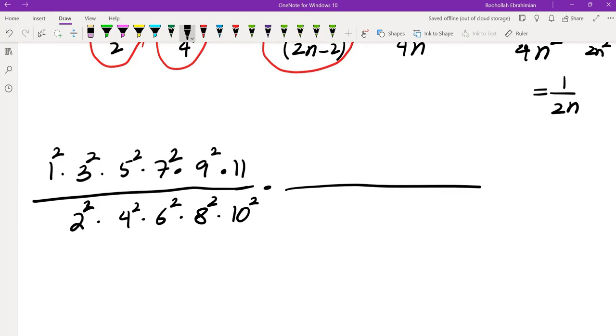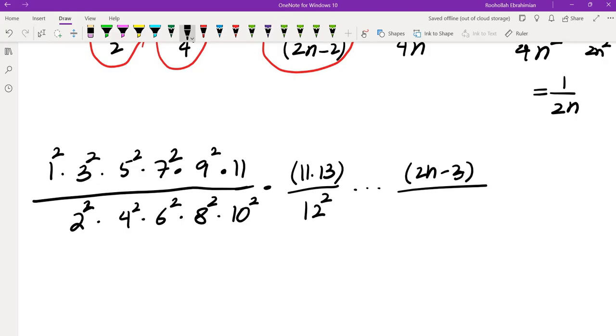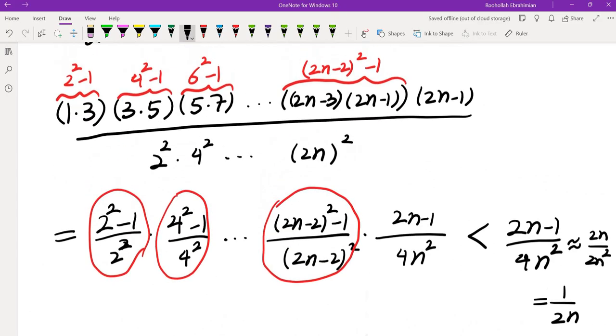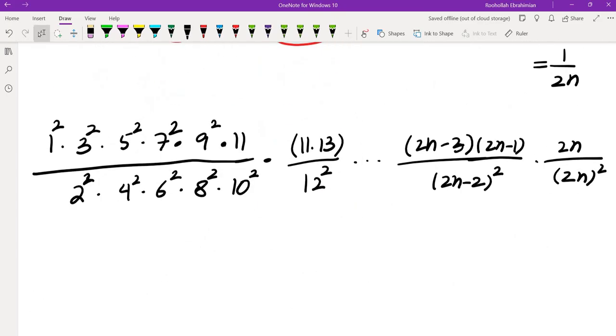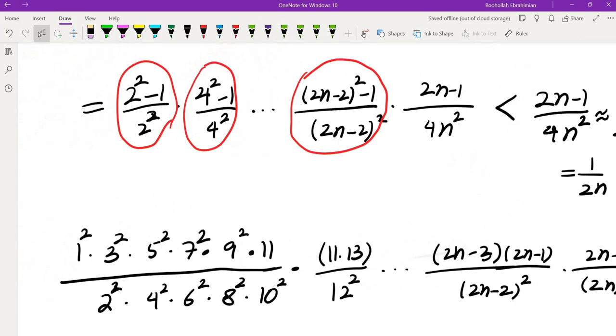And then we're going to pair up the rest of them: 11 times 13 over 12 squared, which is less than 1, all the way to 2n minus 3 times 2n minus 1 over 2n minus 2 squared. And then we have 2n squared, and here we have 2n minus 1.